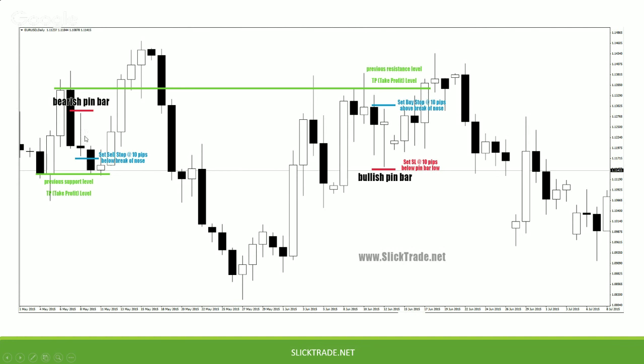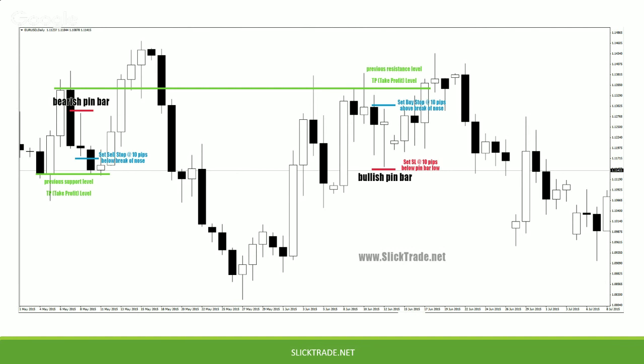So for this bearish pin bar, right here is our bearish pin bar. You see that long tail, small body to the downside, and a short nose. That's a very good pin bar.